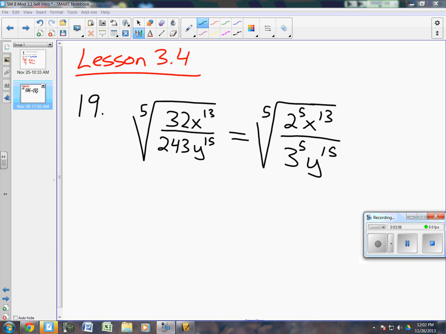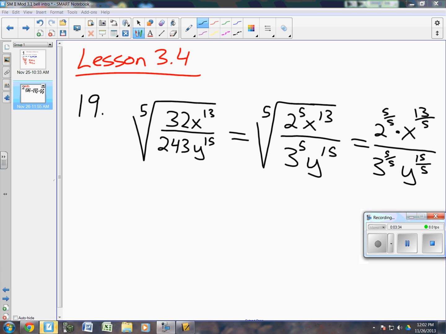Now I can rewrite it with my rational exponents right here. So I can write 2 to the 5/5 power times x to the 13/5 power. Just like Branson was saying, we can put a 5 under the 13 and a 5 under the 15, okay? 3 to the 5 over 5 power and y to the 15 over 5 power.